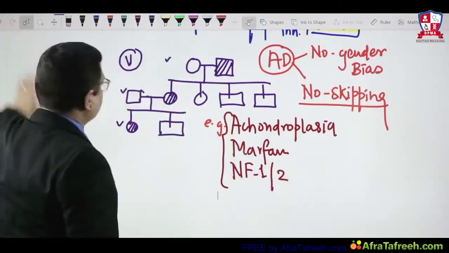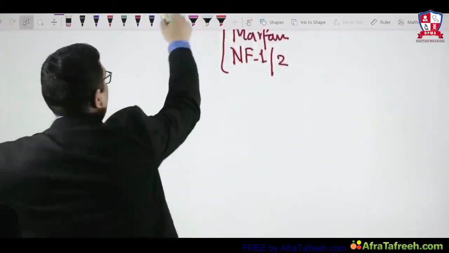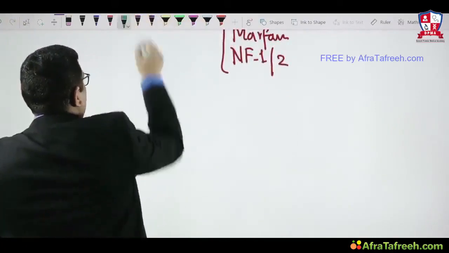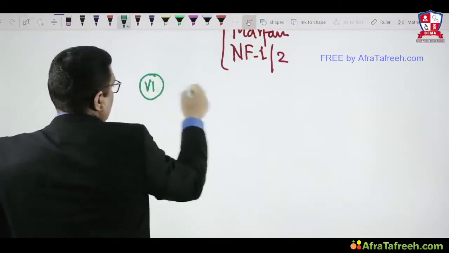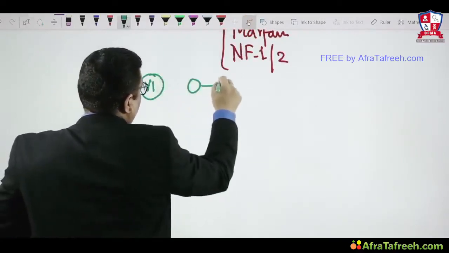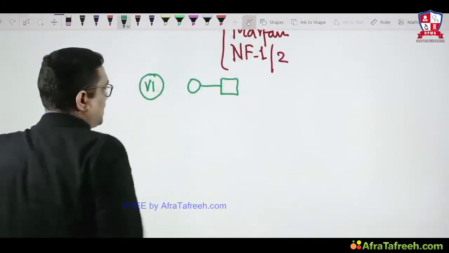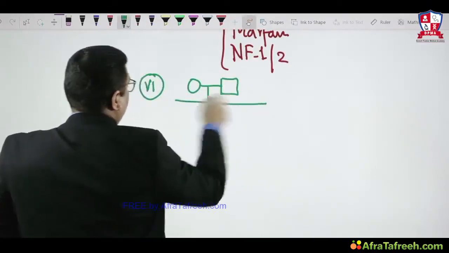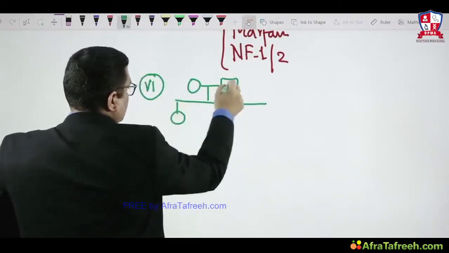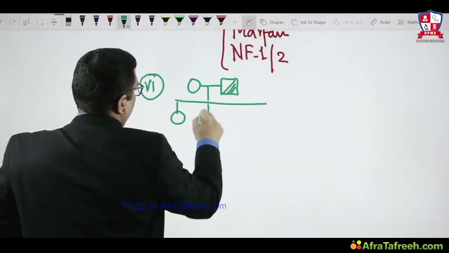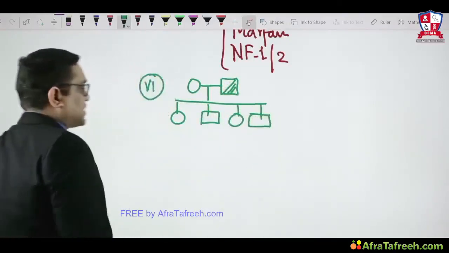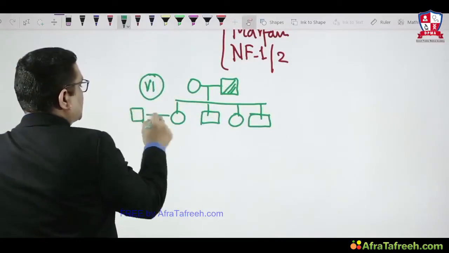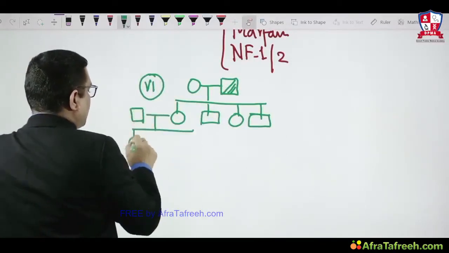In autosomal recessive disorder, whenever you see the pedigree analysis, there will be some skipping of generation, and in the next generation again somebody will be affected.